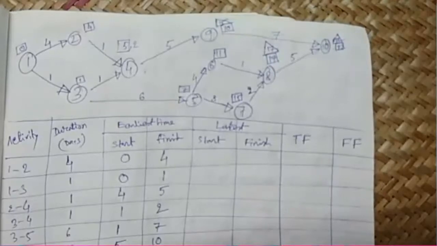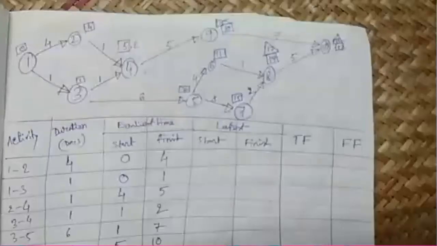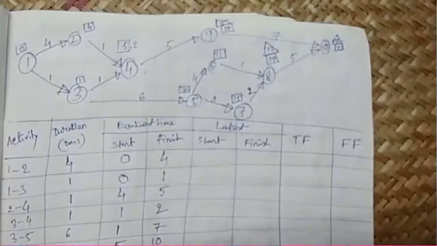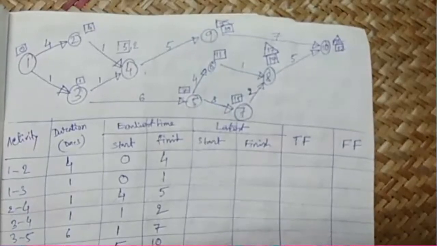Now we talk about 5 7. Look very carefully: on 5 7, the latest finish is 15. Then its latest start will be 15 minus 8, which is 7.